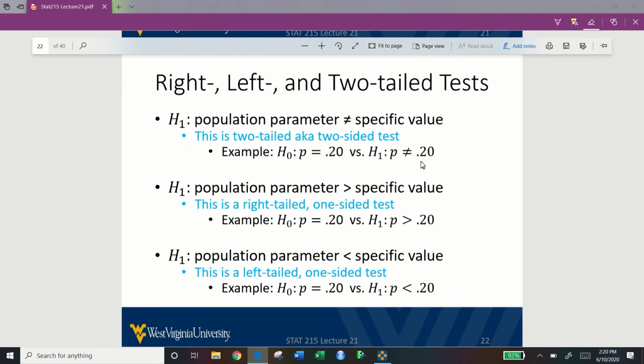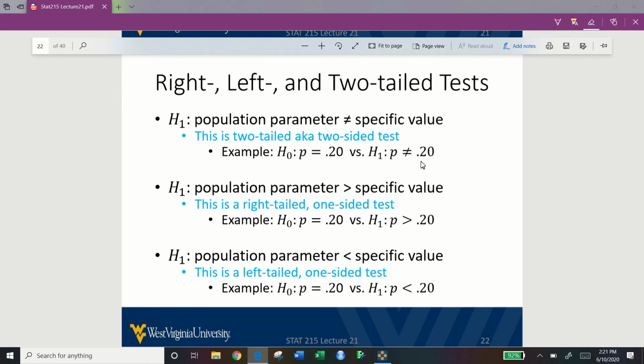If we are told that we wanted our parameter ideally to be larger, that is a right-tailed, one-sided test. In our ingot example, we would write our hypothesis as H naught colon P equal to 0.20 versus the alternative H1 colon P greater than 0.20.